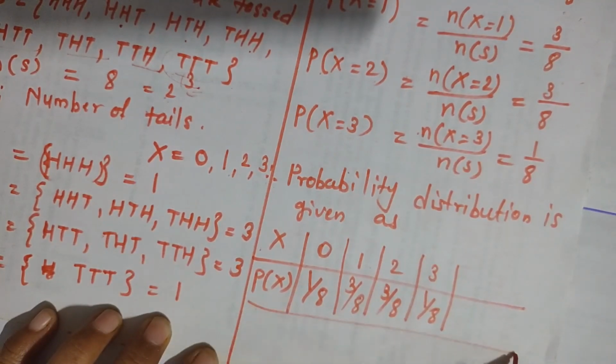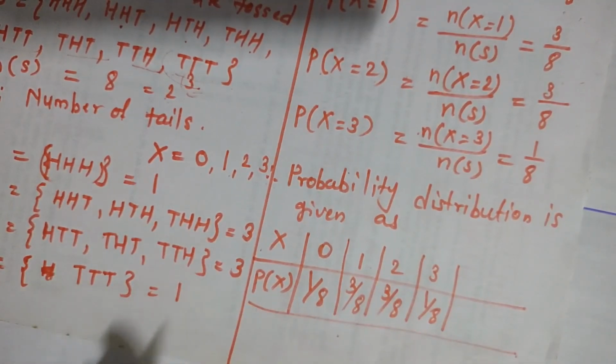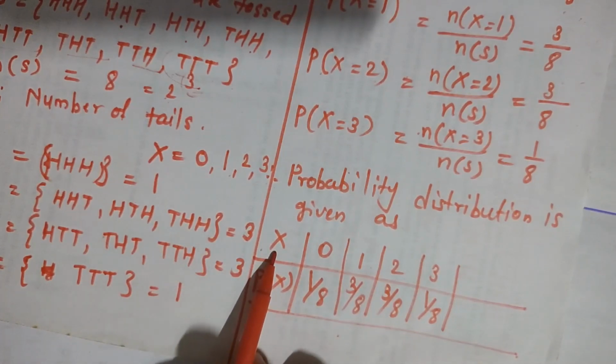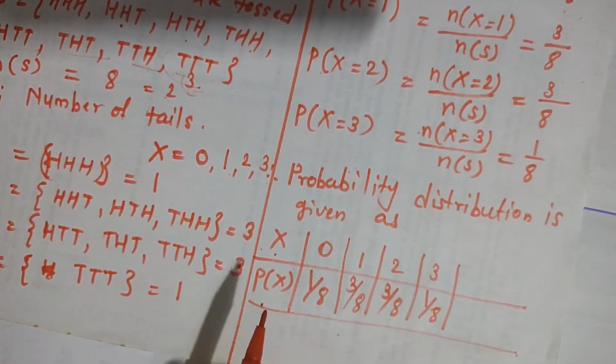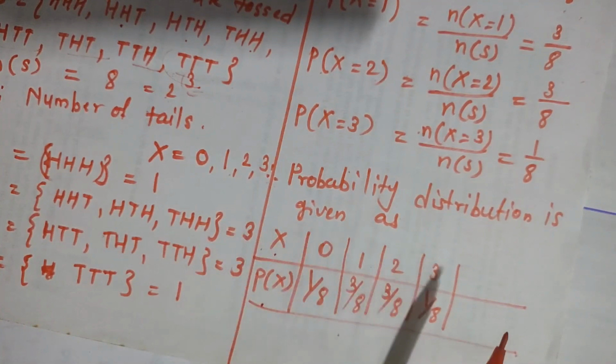So this is the probability distribution for the given random variable, which is defined on the given random experiment. X is the random variable and P(X) is the probability of the corresponding value. In this way we can find the probability distribution of a given random variable.